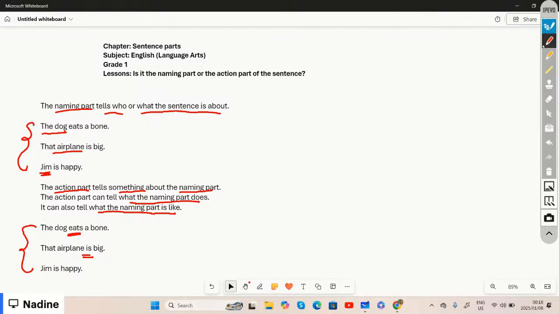And the next one says Jim is happy. Jim is happy. We need to identify either what the naming part does, what Jim does, or what Jim is like.